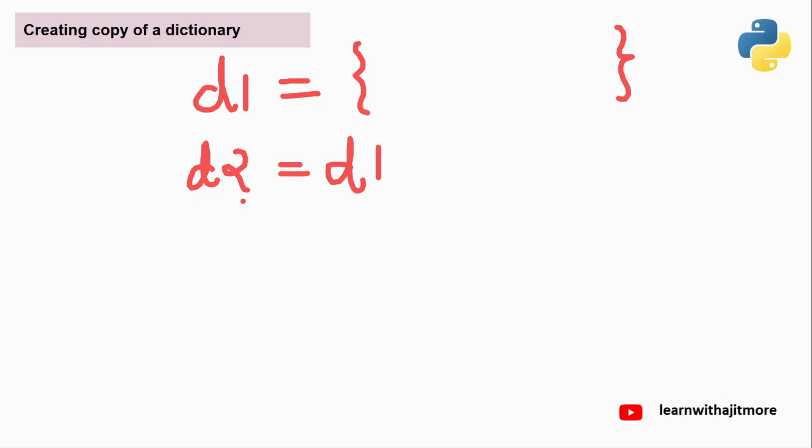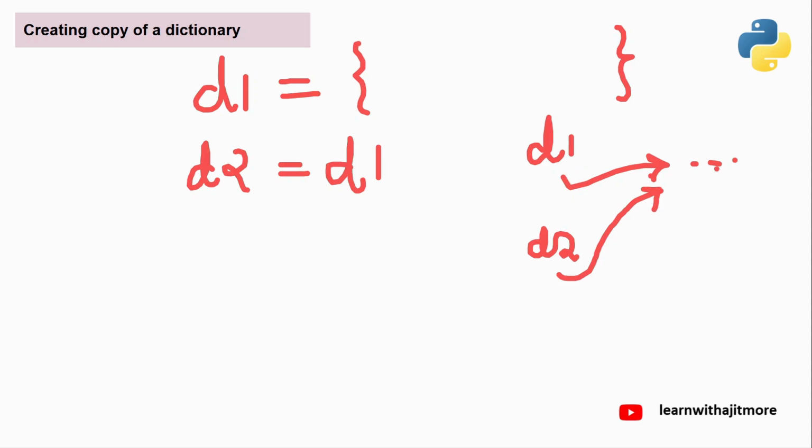D1 का copy नहीं बनेगा, only the reference is copied, and therefore both are referring to the same dictionary. D1 जिस डिक्शनरी को रेफर कर रहा है, D2 भी उसी डिक्शनरी, मींस ये रेफरेंस सिर्फ इसमें आके कॉपी होता है, तो D2 भी वही डिक्शनरी को रेफर.